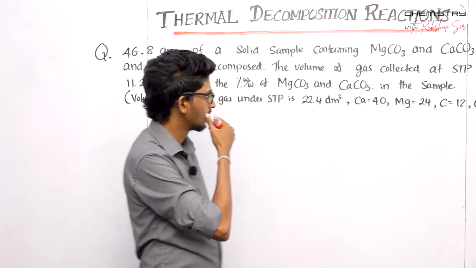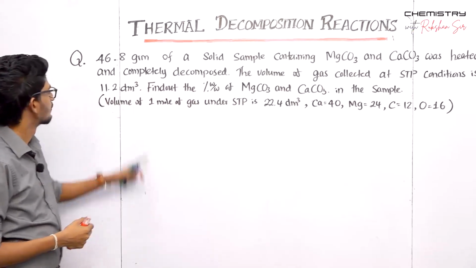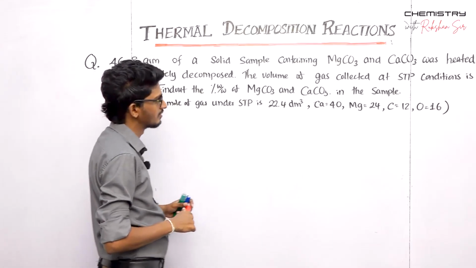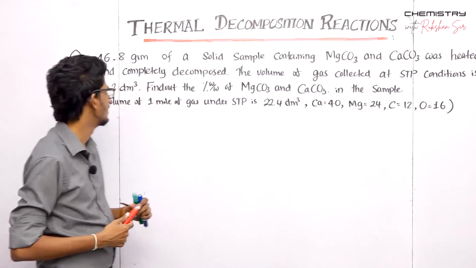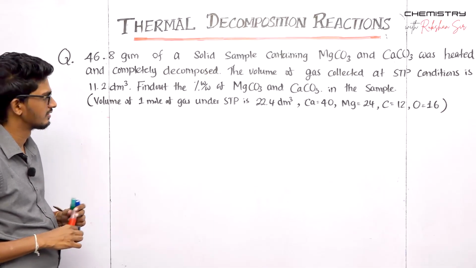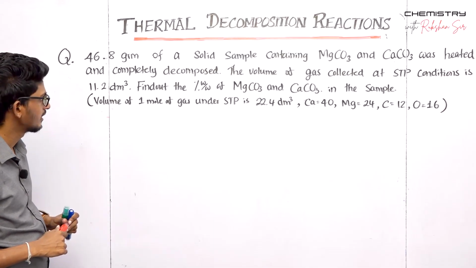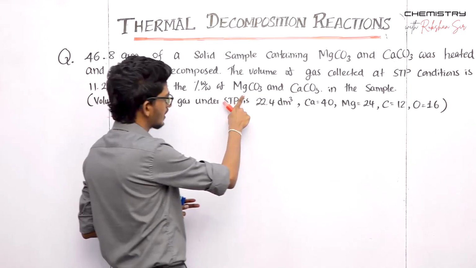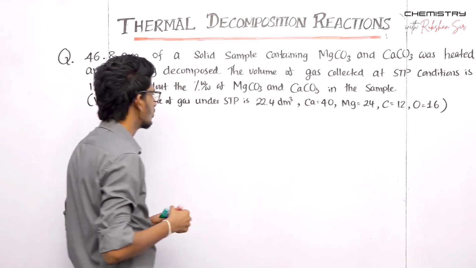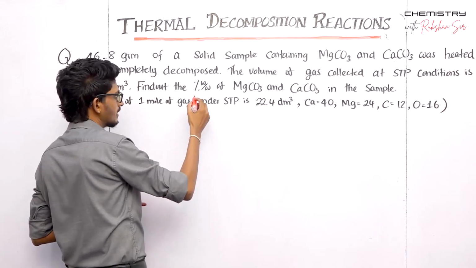Okay, so let's go to this. It says 46.8 grams of a solid sample containing magnesium carbonate and calcium carbonate was heated and completely decomposed. The volume of gas collected is given, and we need to find the mass percentage of calcium carbonate and magnesium carbonate in the sample. So that is your goal. This is your goal, right?